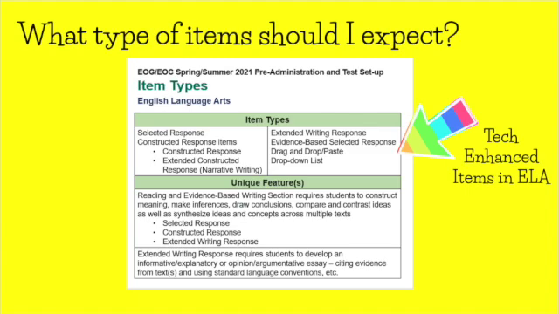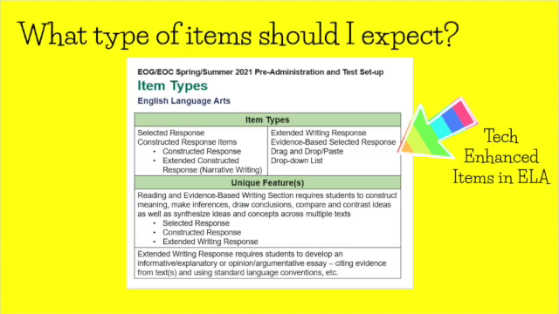Unique features include reading an evidence-based writing section, require students to construct meaning, make inferences, draw conclusions, compare and contrast ideas, as well as synthesize ideas and concepts across multiple texts.